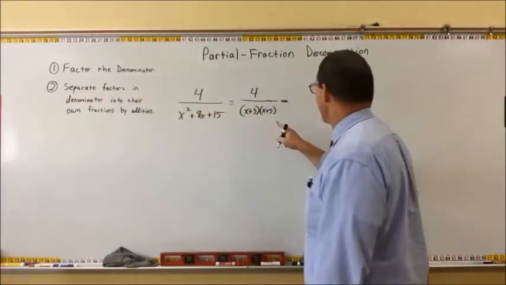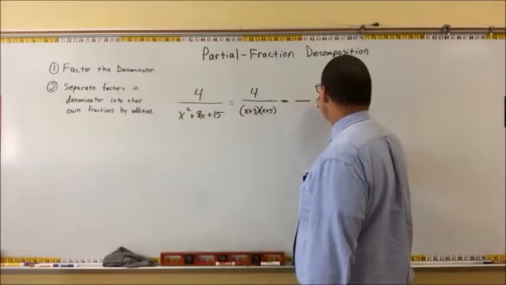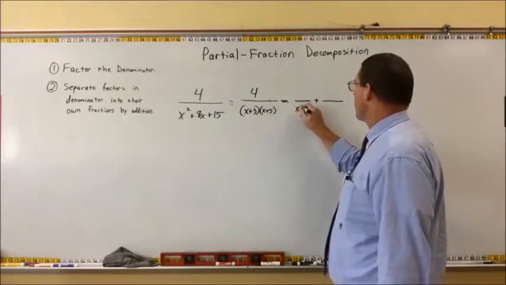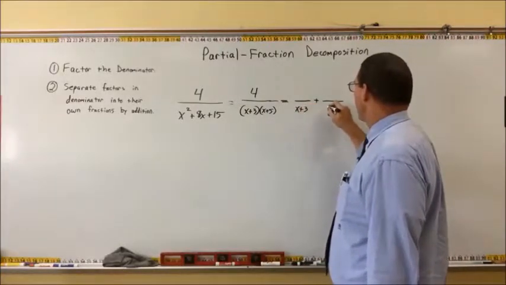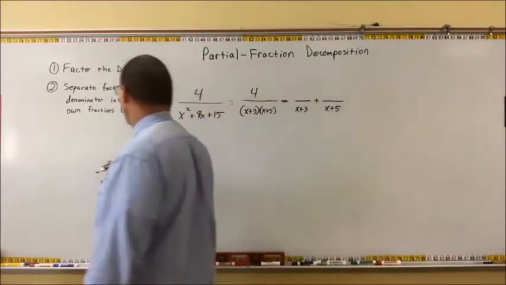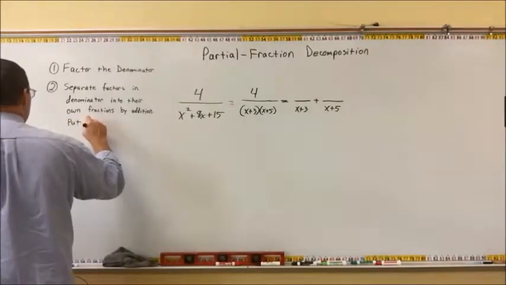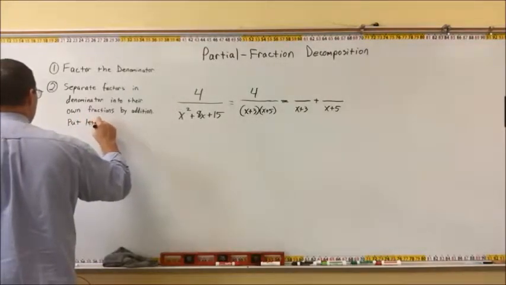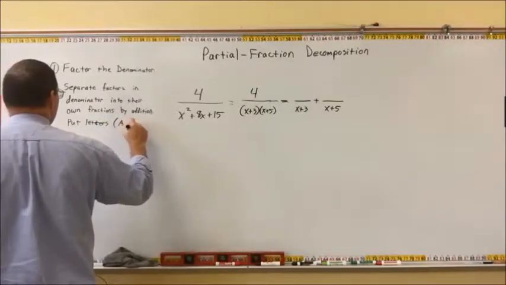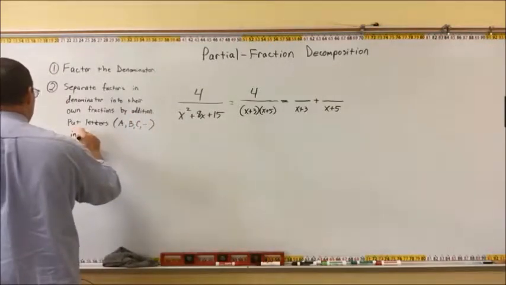So we're going to put a fraction line, then a plus, then a fraction line. In this fraction, we're going to put x plus 3, and in this fraction, we're going to put x plus 5. And then here's the thing: put letters, basically capital letters, usually A, B, C, etc., in the numerators.